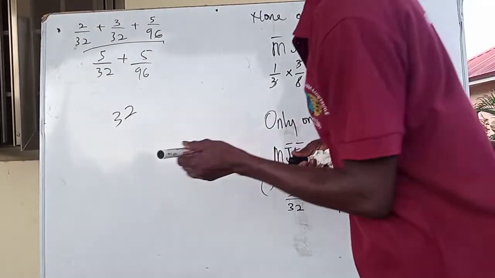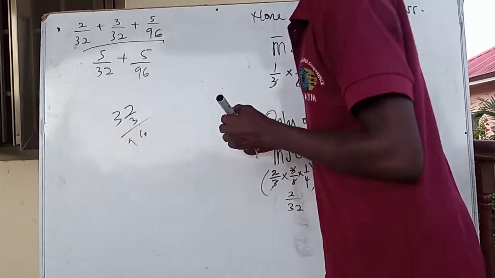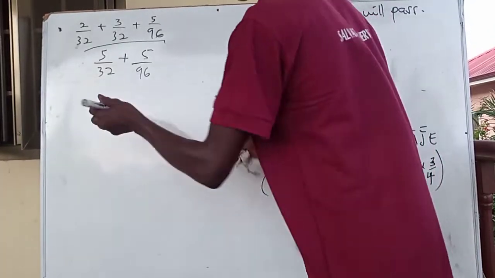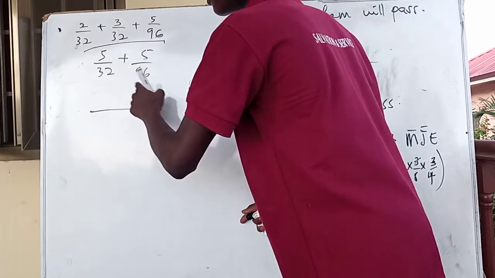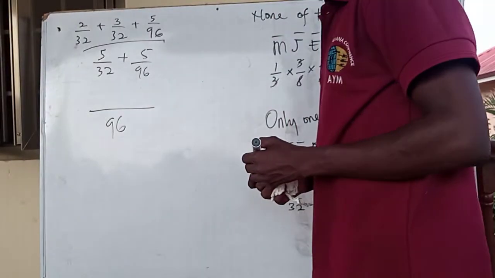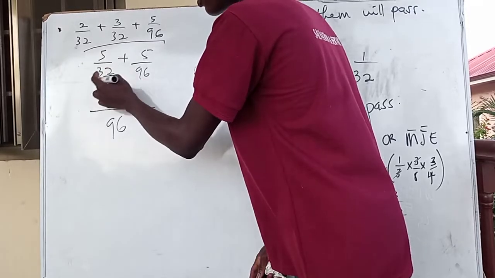So you can see that 32 times 3, 3 times 2 is 6, 3 times 3 is 9, so 32 times 3 will give you 96. So the LCM here, the lowest number that can divide this, is 96. 96 divided by 32 is 3.